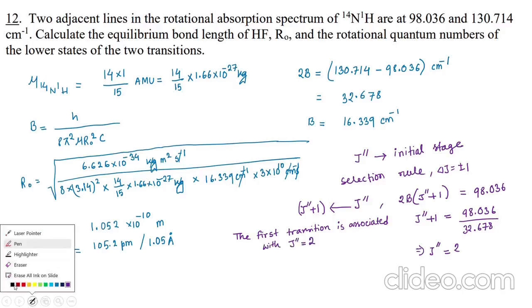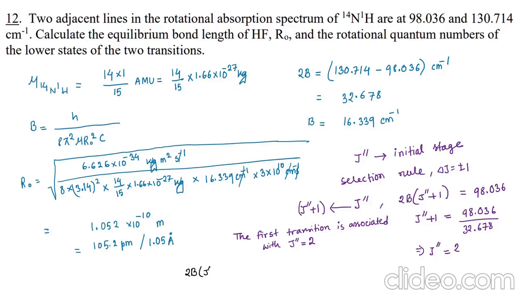Now we'll use a different color for the other one. Similarly, 2B into (J'' plus 1) is now 130.714 centimeter inverse. Okay. So what is J'' here?